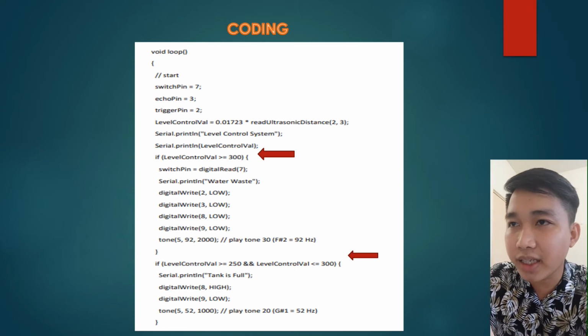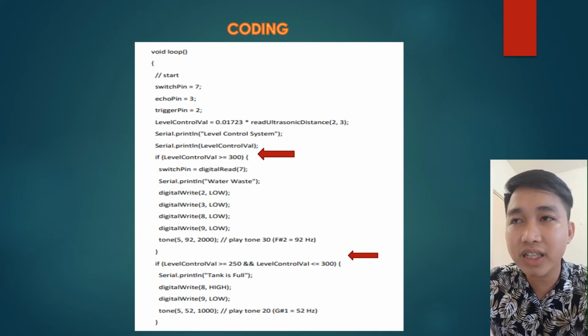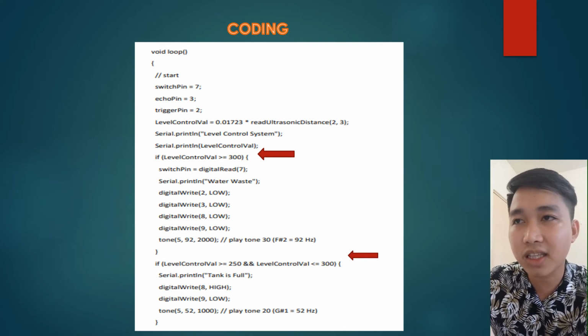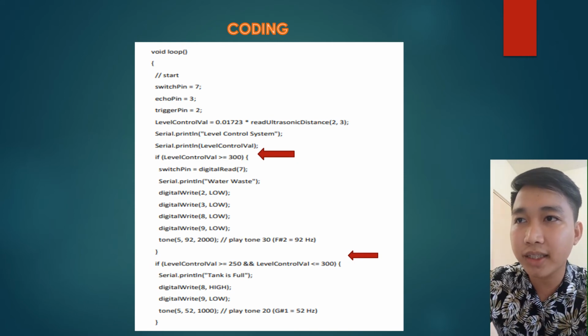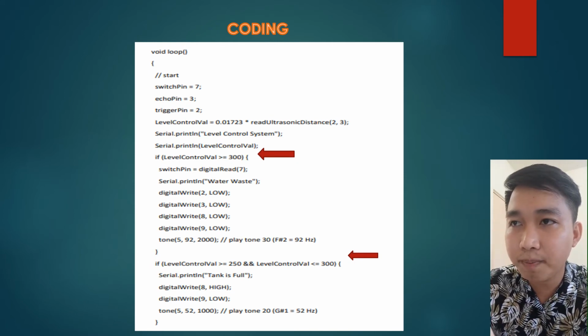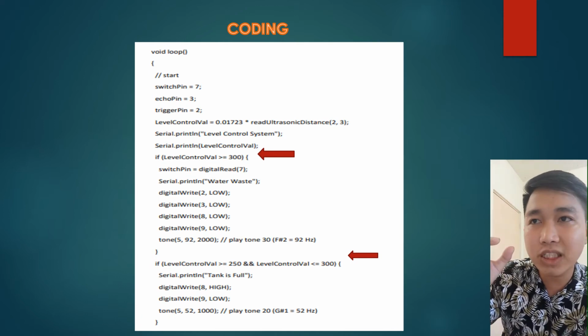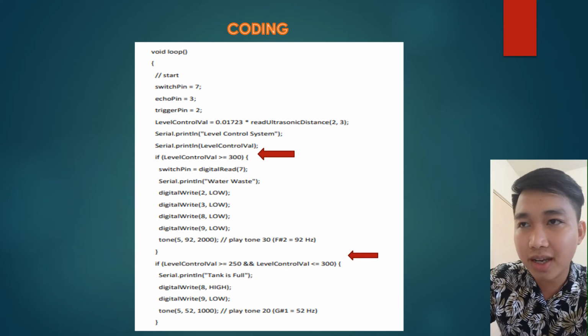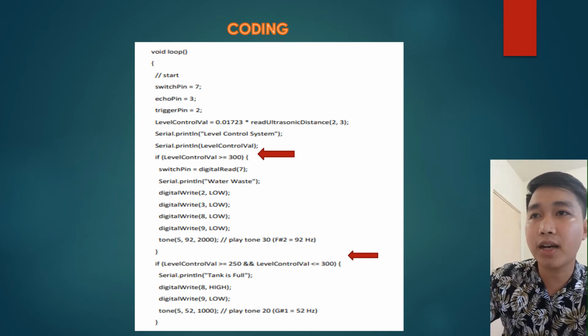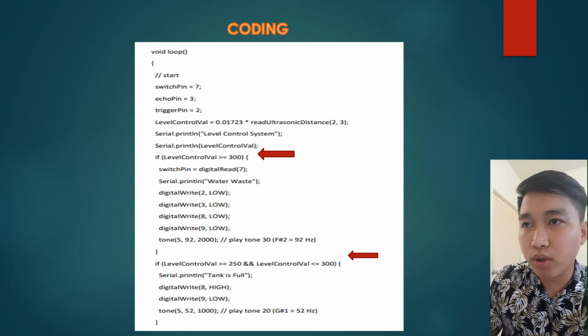As we can see here, this represents the first case or the first situation in my system, which is if the water level is more than 300, the switch pin or the slide switch will be activated. We can see here digital read 7. This pin 7 represents the slide switch, and the output is serial print, meaning water wastage.